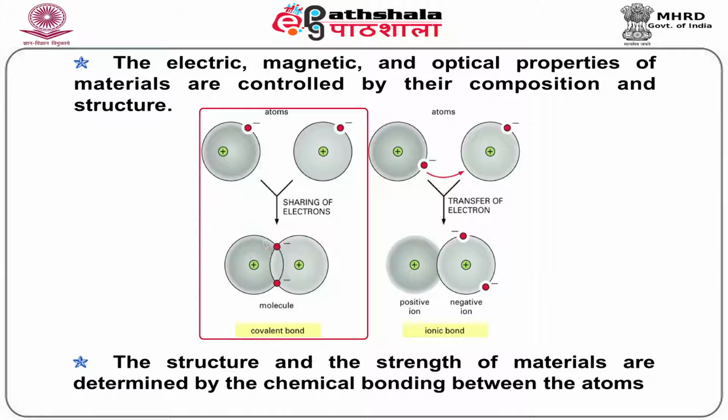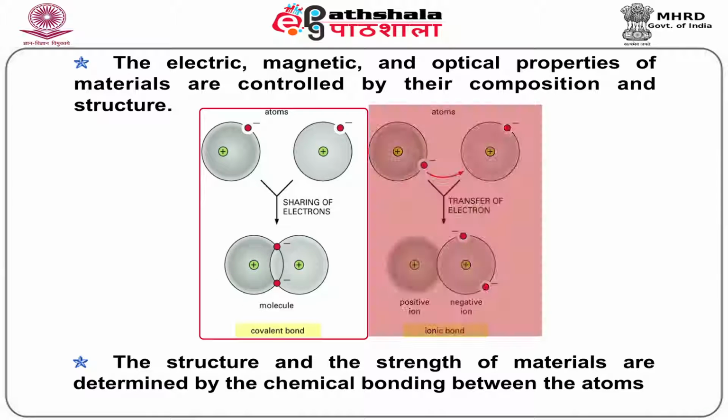In the left panel, what is shown is the covalent bonding, where the electronic cloud is shared between two atoms. And the next one is another famous example, that of the ionic bonding, where the electron is transferred from one atom to another atom.